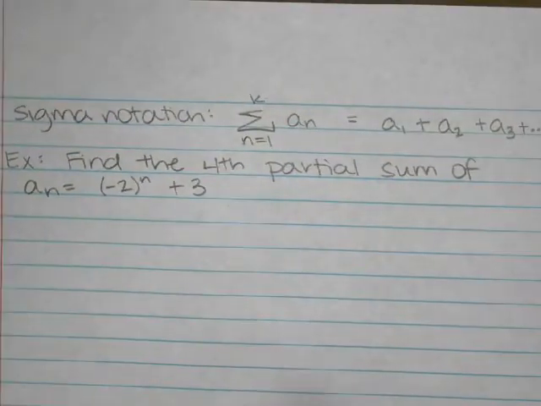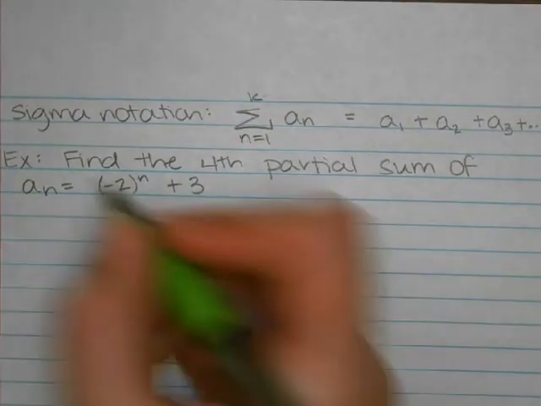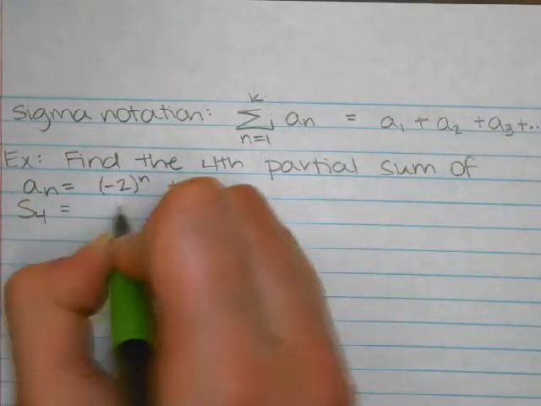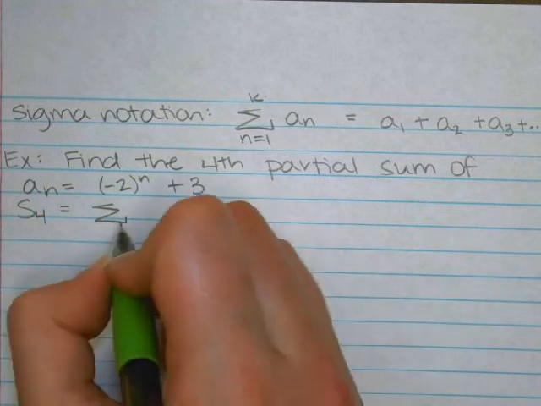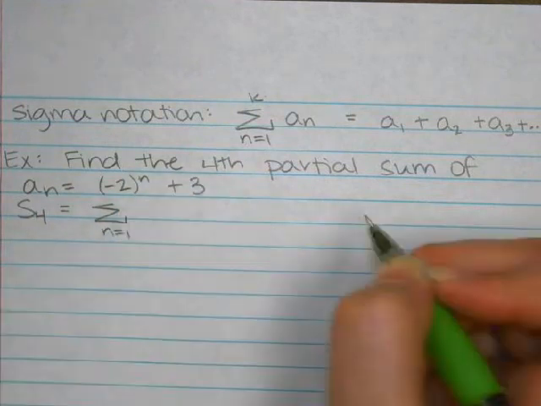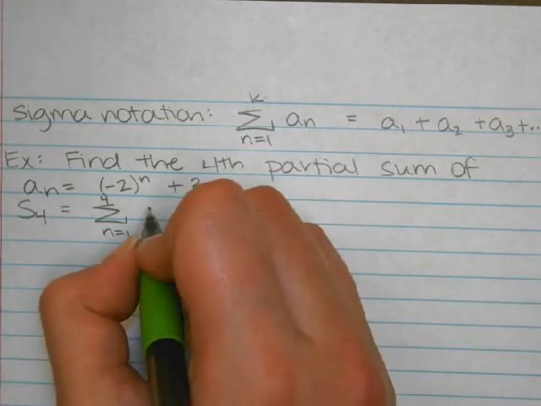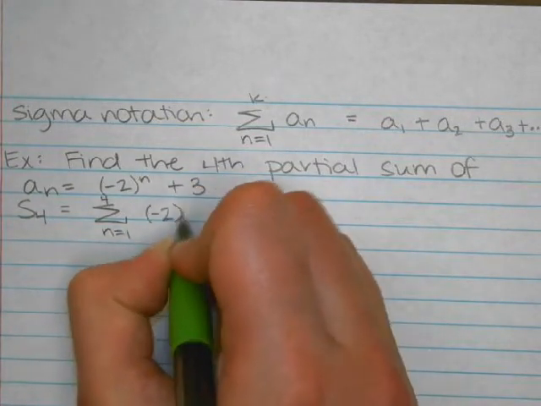When they said find the fourth partial sum, what they really mean is find S sub 4. And if we wanted to write that in the sigma notation, we would say we want to start with the first term and go to the fourth term. And we want to do it for the sequence -2 to the n plus 3.